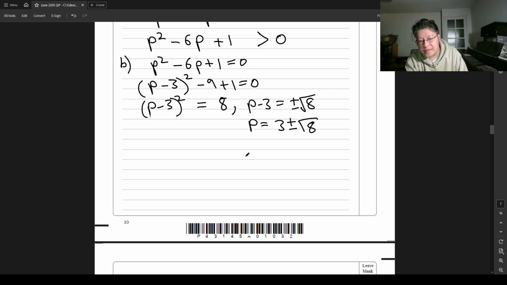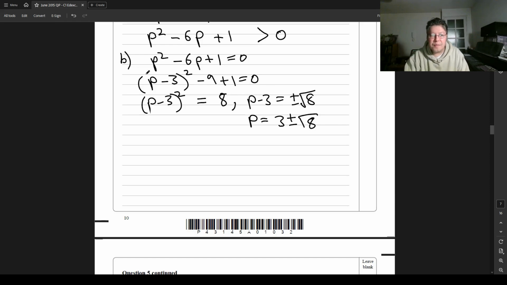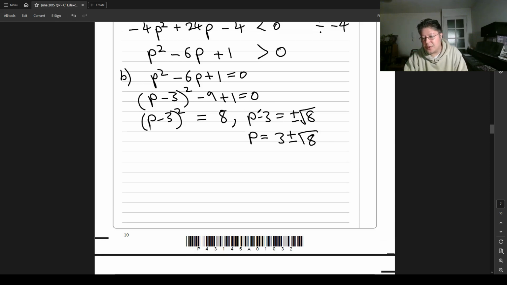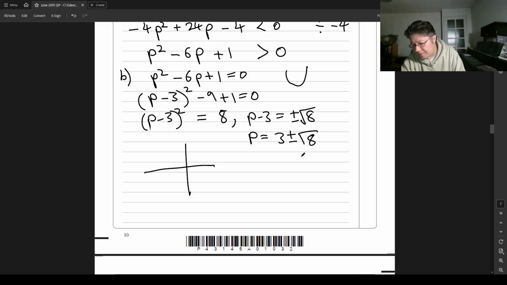Okay, so let's do a little picture. We can see that p squared has a positive coefficient, so it is going to be a positive quadratic. It will look like this, and we can draw it here. It doesn't really matter if we don't do it too accurately, but I think these are both positive because root 8 is less than 3, because 3 squared is 9, so 3 minus root 8 is still positive.